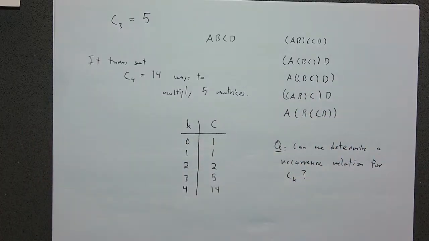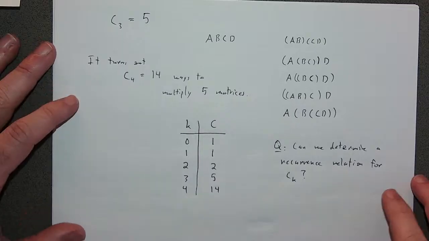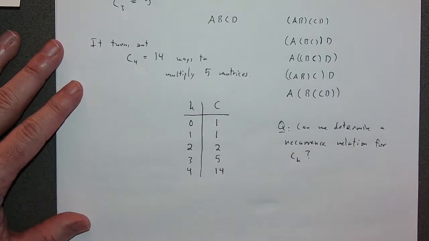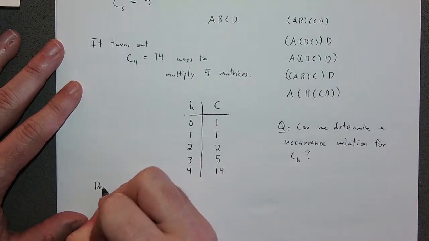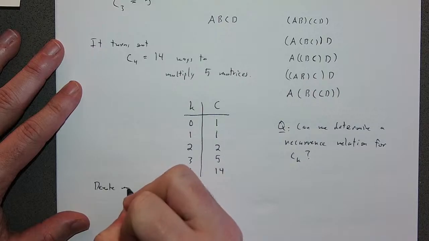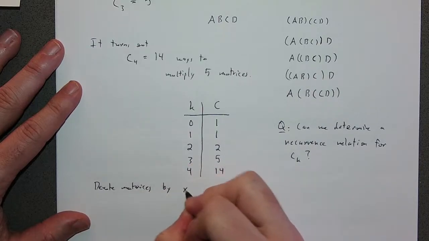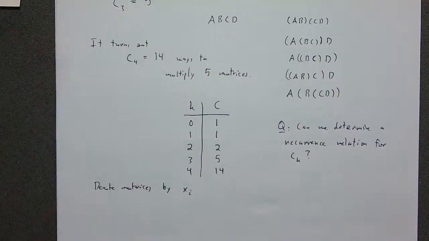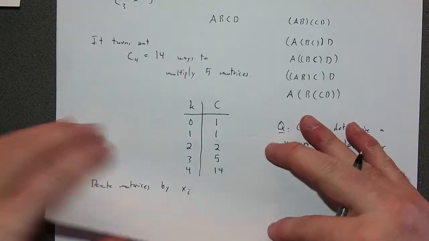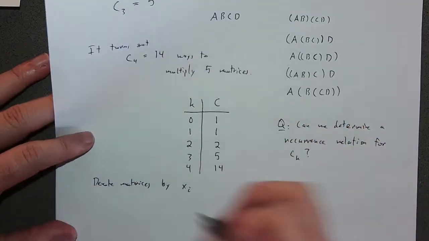So let's denote matrices just by x sub I. We're just going to use lowercase x sub I here to determine these matrices. And so suppose, I'll write it here.